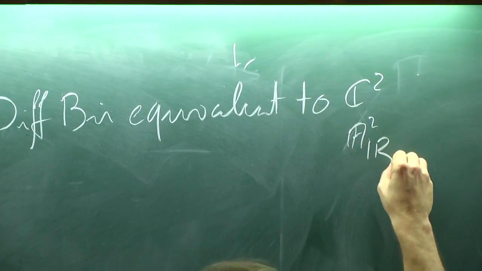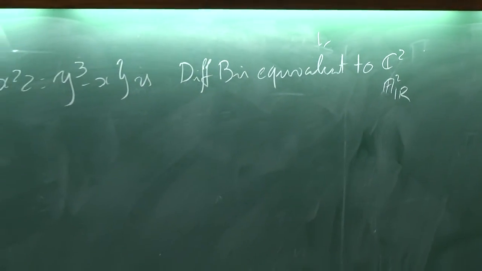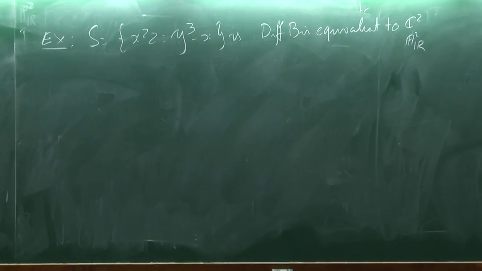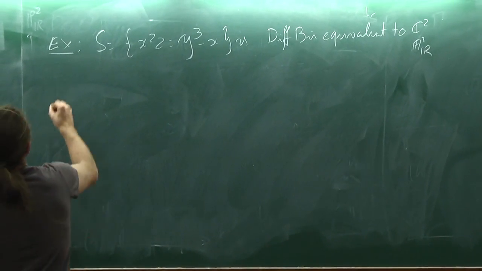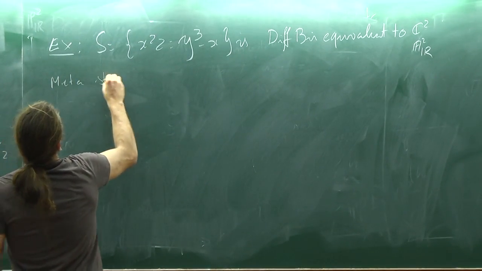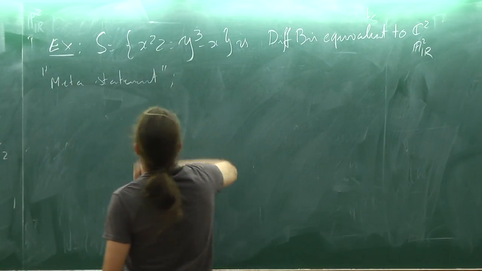This means that there exists a birational diffeomorphism in the sense I introduced, which sends it to the plane. And so that's a meta statement, because I don't have time to go into this.